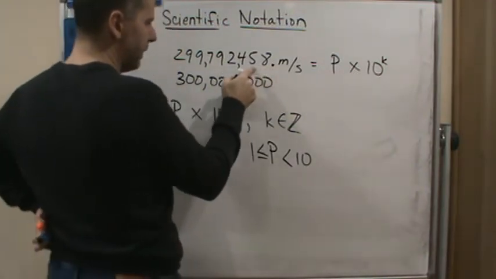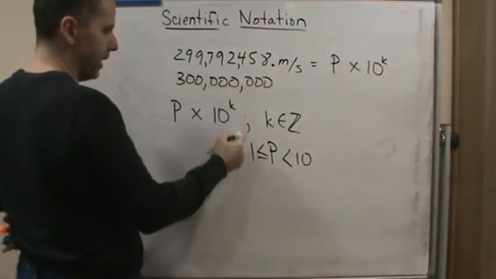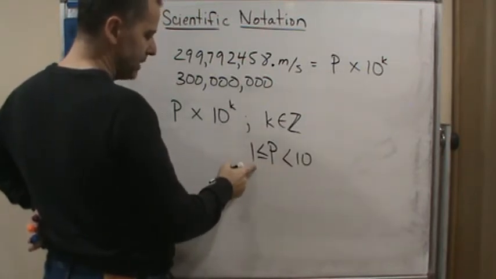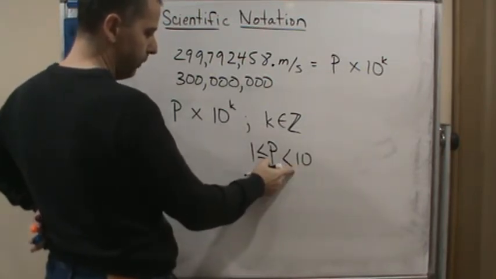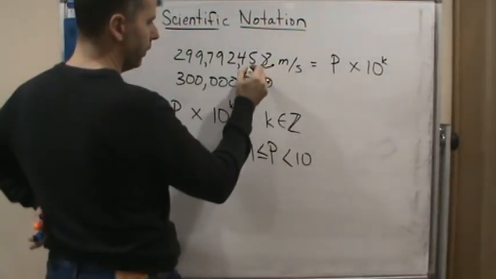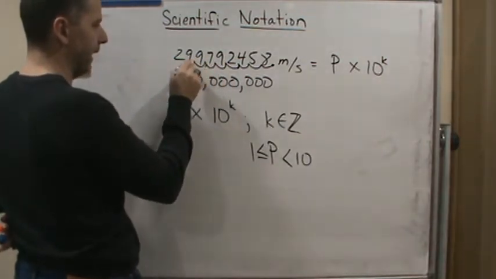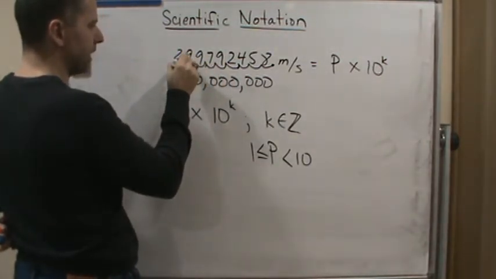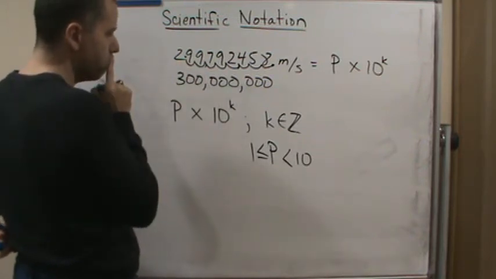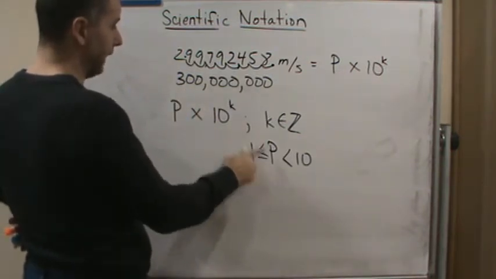How many place values would I need to move the decimal point over to get a number between 1 and 10, at least 1 but less than 10? If I keep moving it over, 1, 2, 3, 4, 5, 6, 7, 8, and put the decimal point right there, what do I get? I get 2.99.